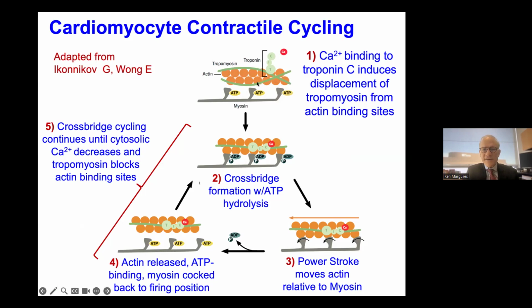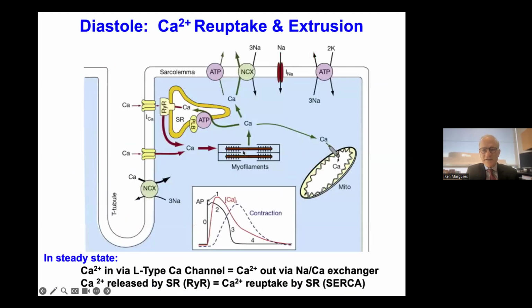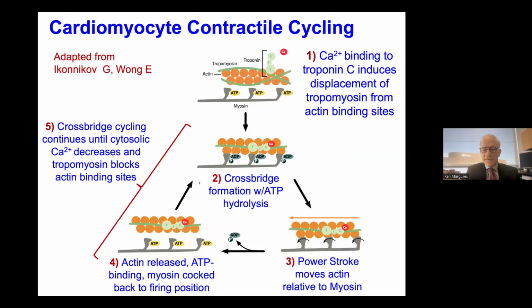So in this resting stage, tropomyosin is hiding, for all intents and purposes, the actin binding sites that the cross bridges from myosin would like to bind to. Calcium binding to troponin induces displacement of tropomyosin and opens up those myosin binding sites, or actin binding sites.